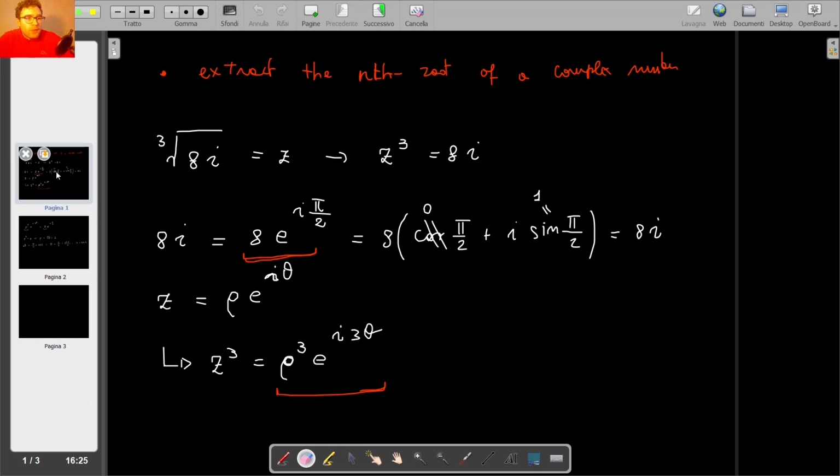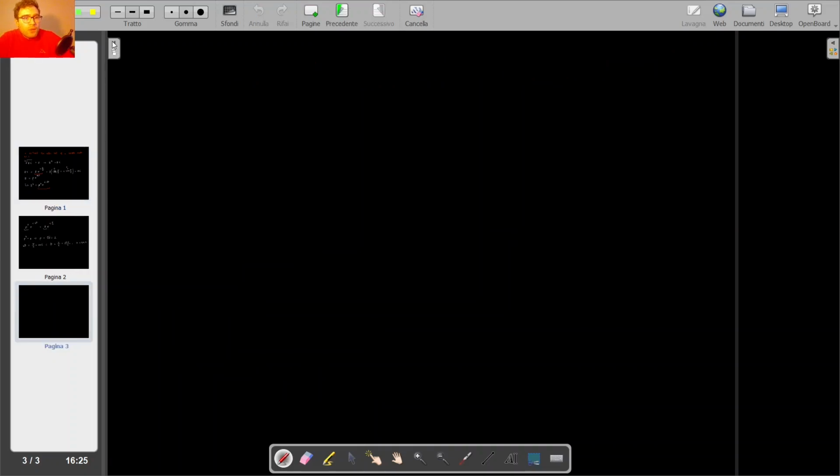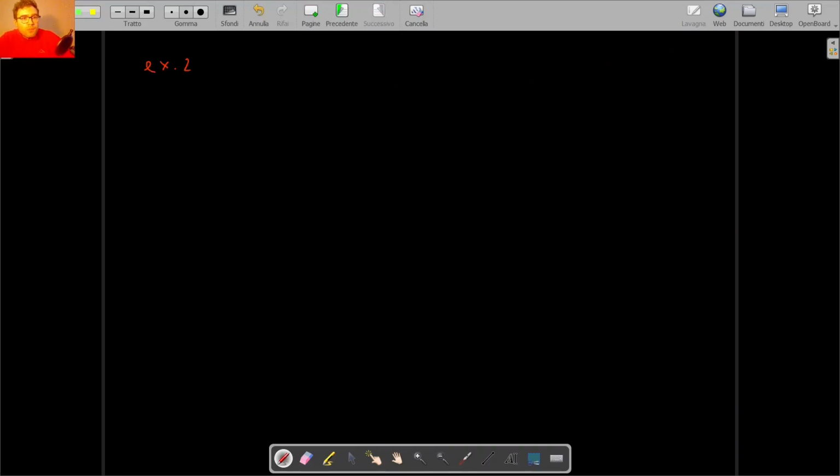We can see another similar exercise, which we can call exercise 2.